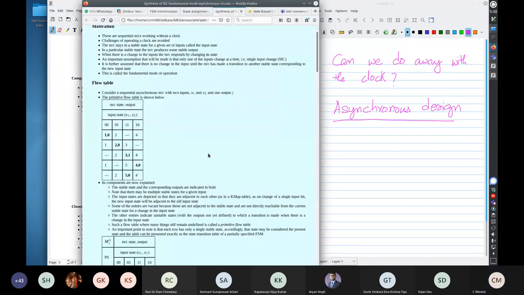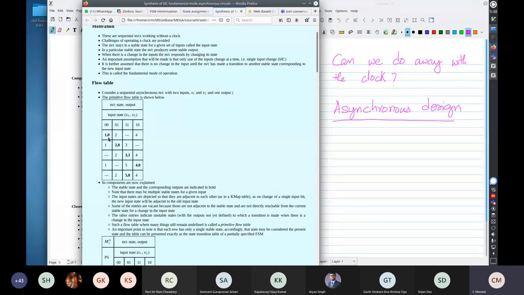So here, look at this table. So this is your state and this is the output. Here you find that we have got some states in blue, which are in bold.